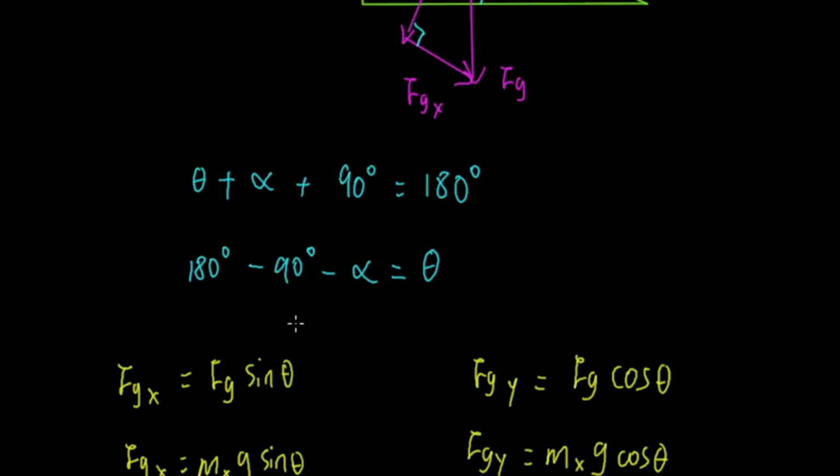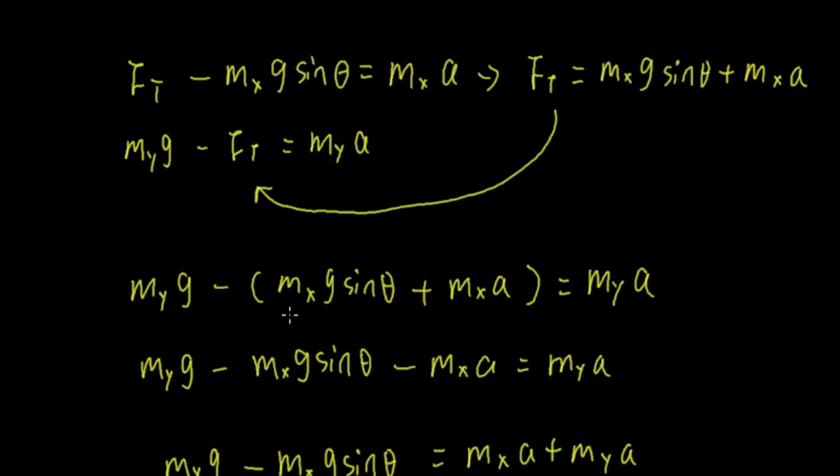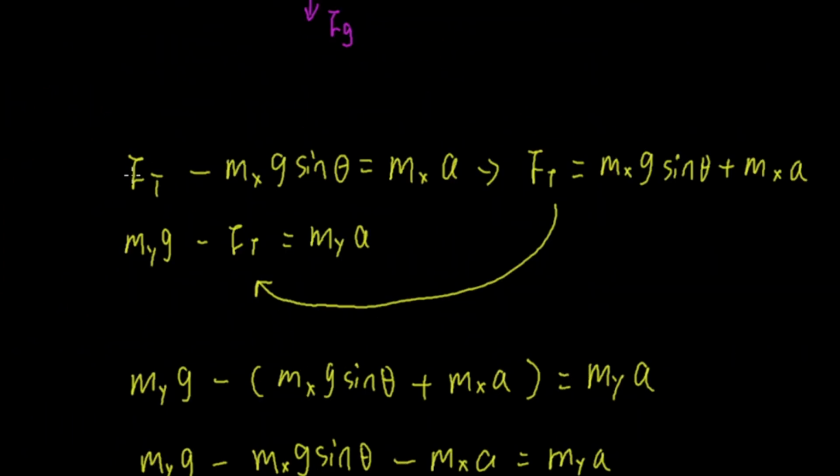Now, we want to calculate F sub t here. That's part B. Since you have acceleration, right? You can put it into either one of these formulas and just calculate F sub t. But let's put it into here, right?